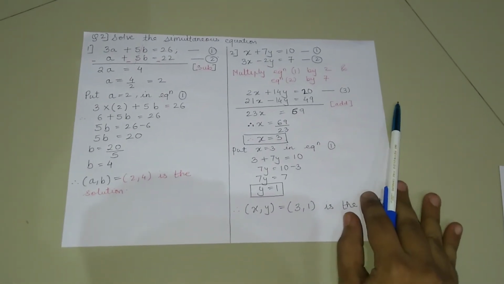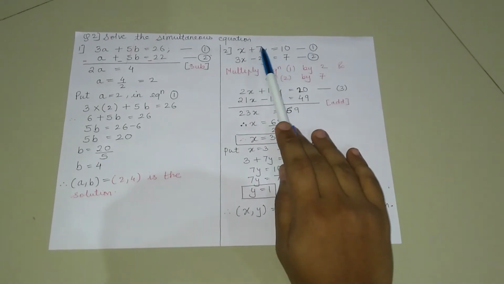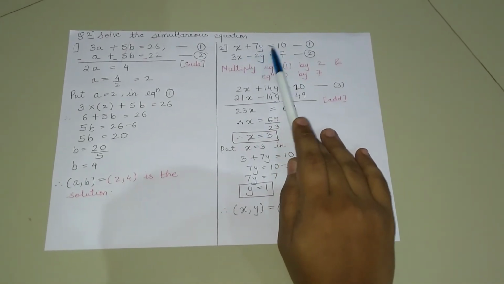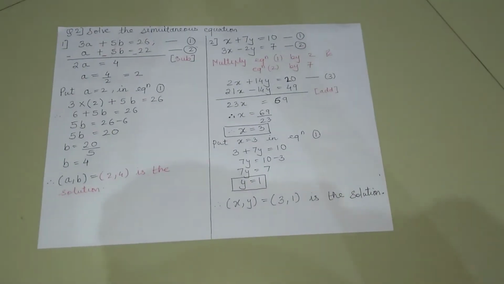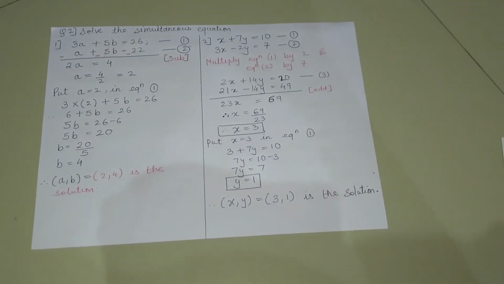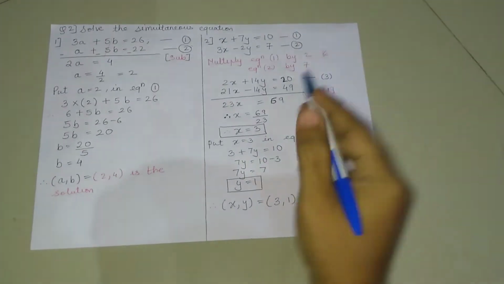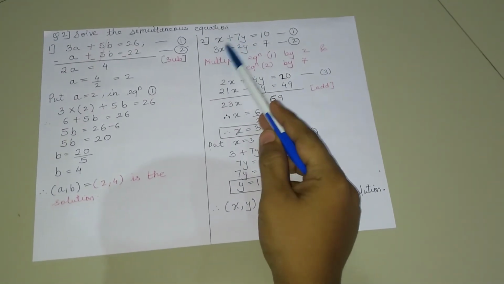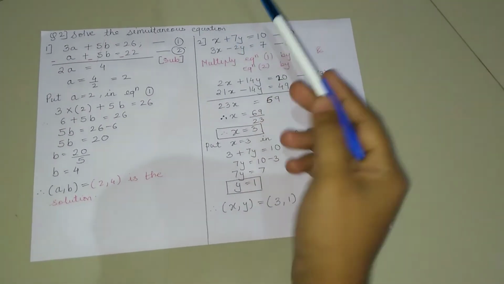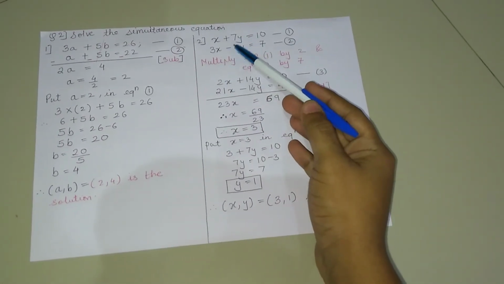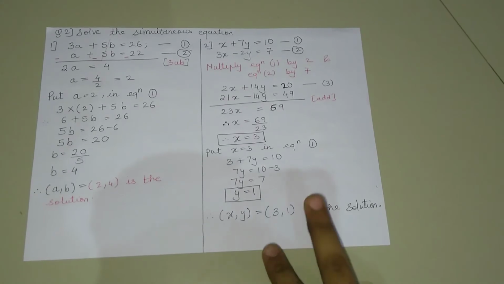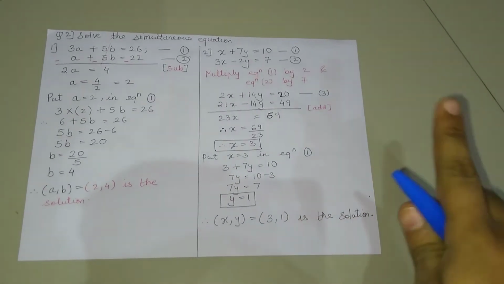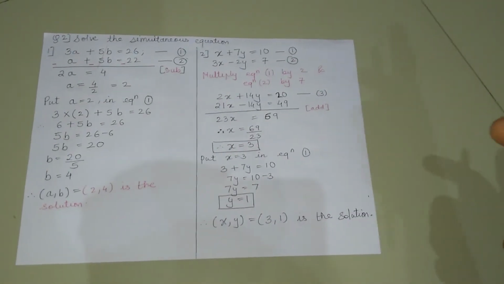Similarly, seeing this second problem, x plus 7y equal to 10, 3x minus 2y equal to 7. In this problem, we don't have the same pair. We have opposite signs but we don't have the same pair. At this time we know what we have to do: we have to multiply equations 1 and 2 so that we can form the same pair.